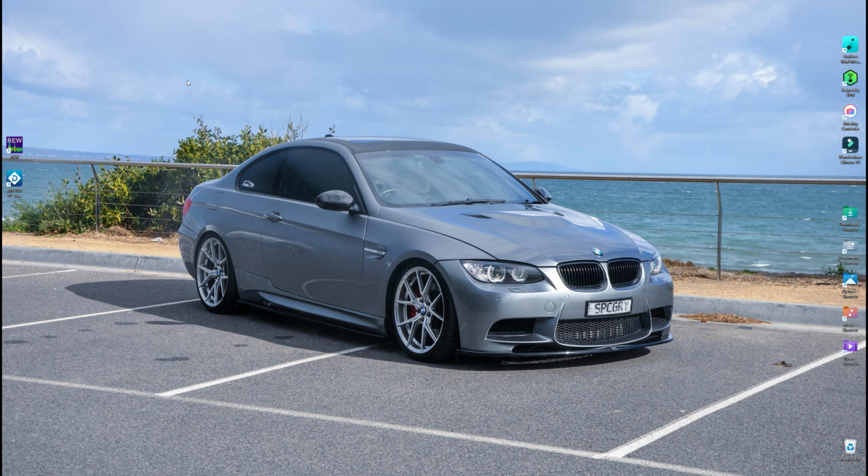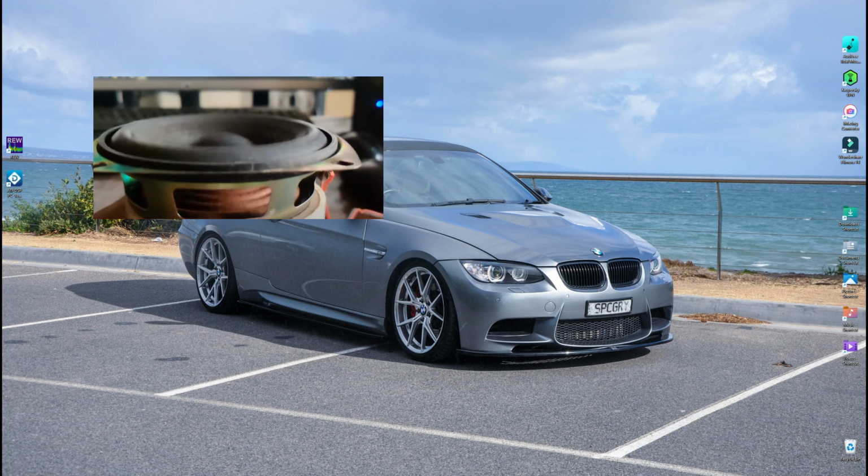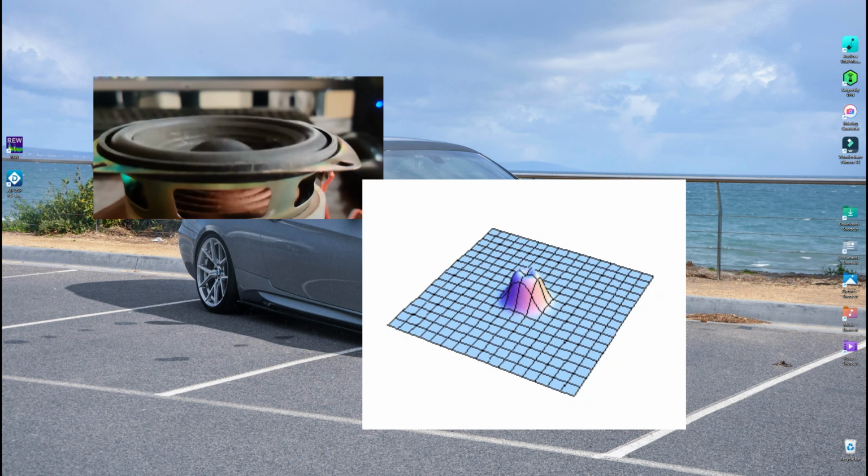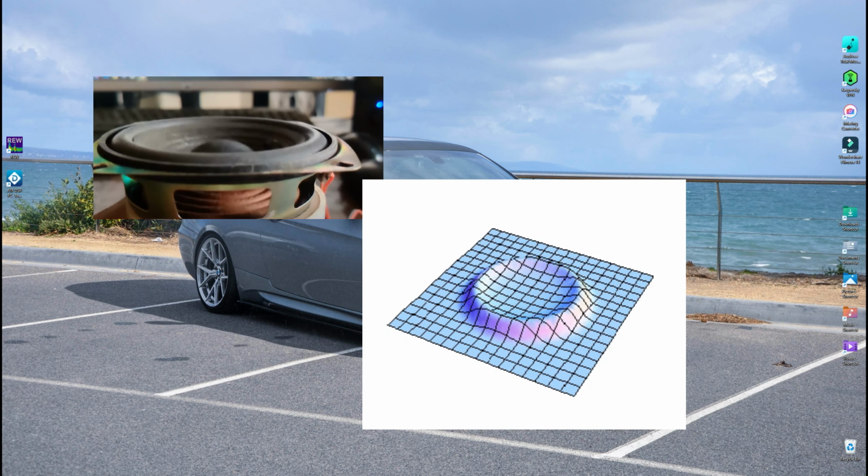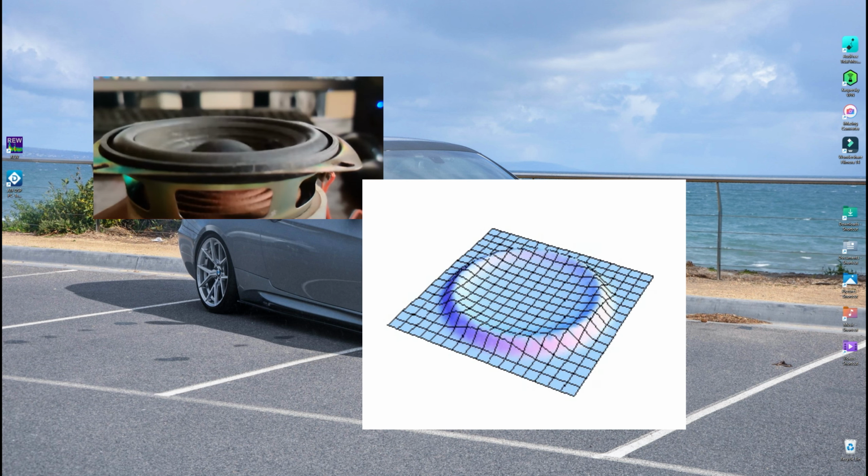So if we take a look at a slow motion video of a speaker, we can see this push-pull cycle in action. We can see how the voice coil or the motor is pushing and pulling the speaker cone. And each time it goes up and down, it creates a pressure wave that kind of looks a bit like this.